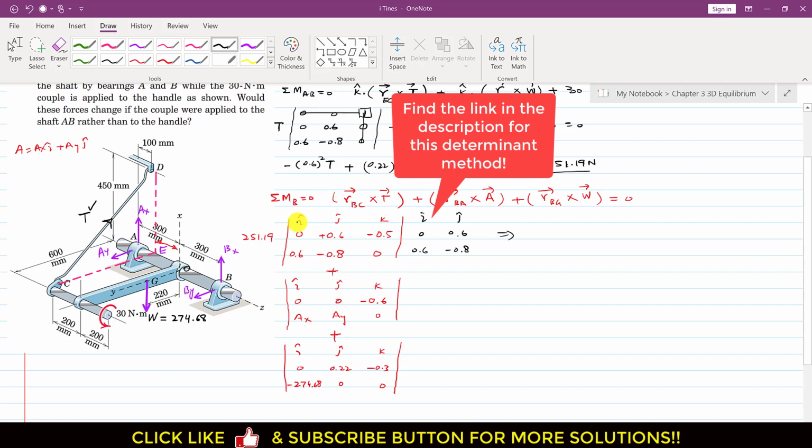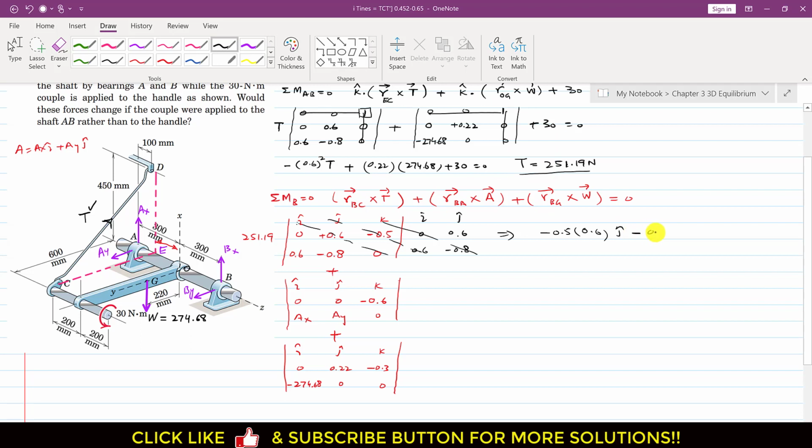So this will be equal to I into 0.6 into 0. So this is 0. Then minus 0.5 into 0.6 into J, and then K into 0, so this is 0, right? And then the negative diagonals, right? So this is 0.6 into 0.6, so this is 0.6 square, and this is negative, right?